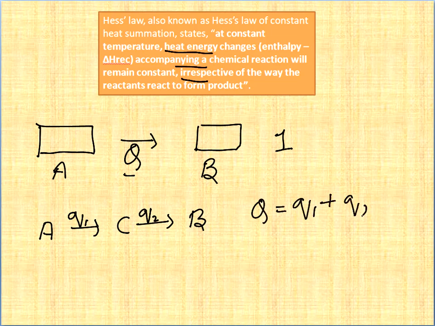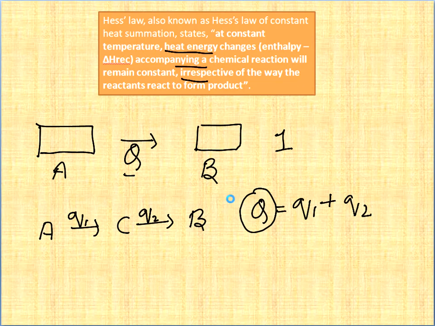The total heat will be the same, whether it takes place in one step or in two steps, irrespective of the way the reactant reacts to form the product. You should also say that the temperature should be constant. Okay, this is the Hess's law.